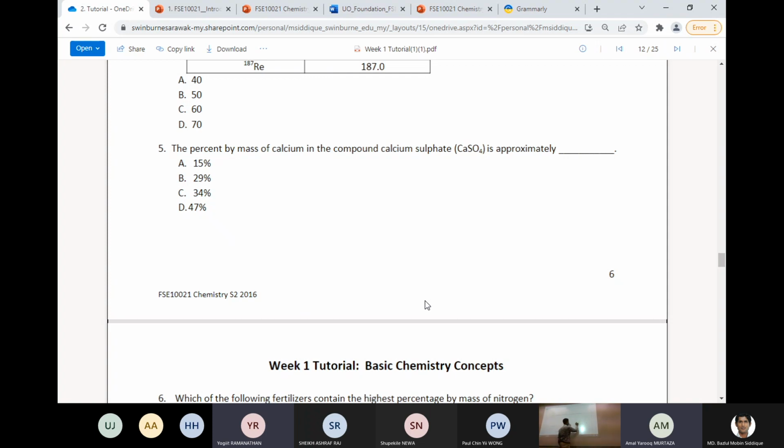So calcium is 40. Calcium sulfate should be around 100 something. Can you do it?